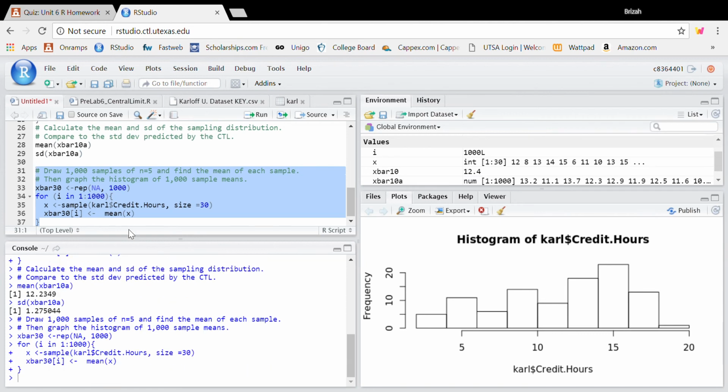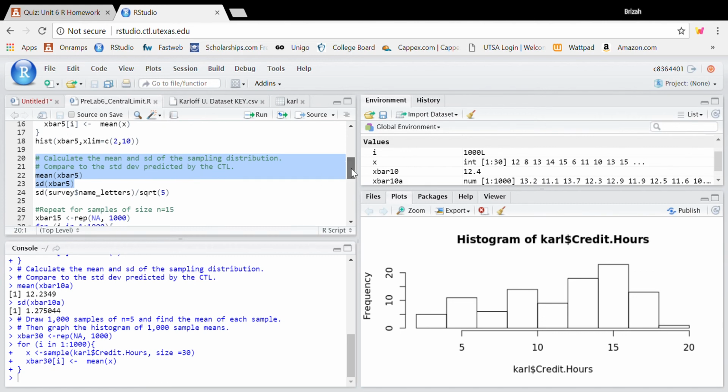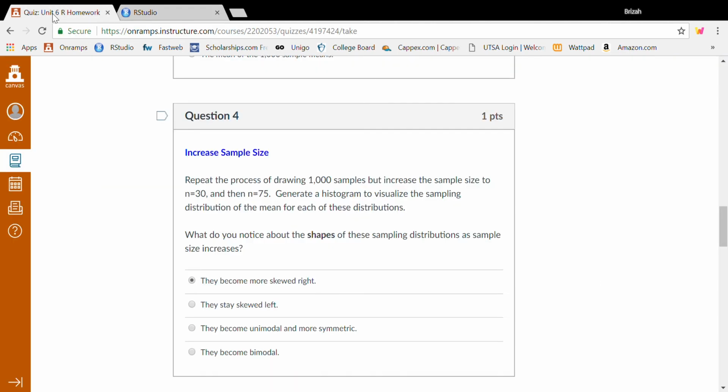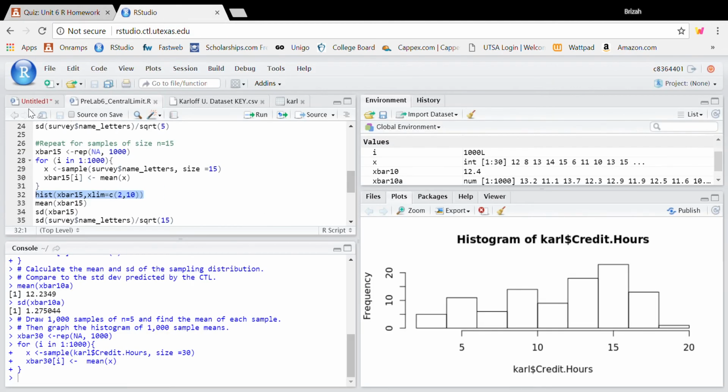We will enter it, and then we have to get the mean and standard, no, the histogram, sorry. And so we will get the histogram from the pre-lab script and get it ready so we are able to notice the shapes as the sample size increases.